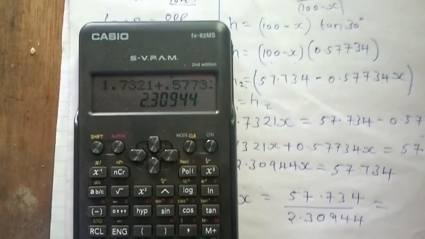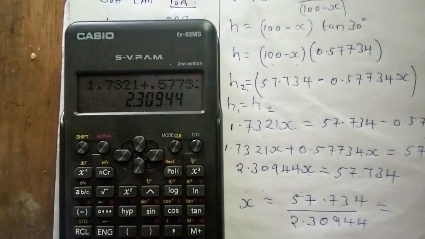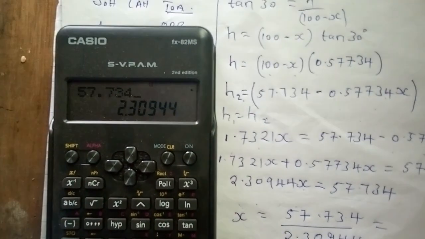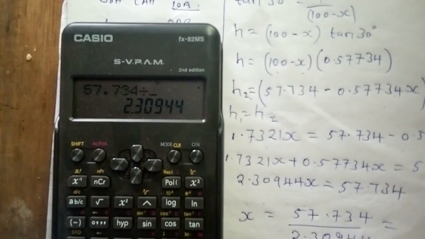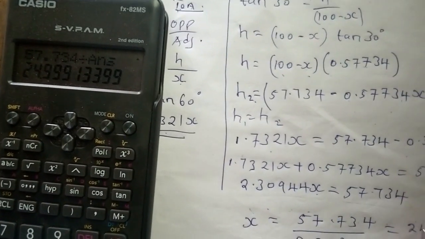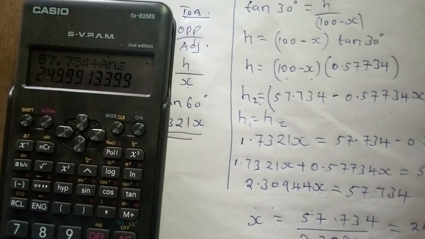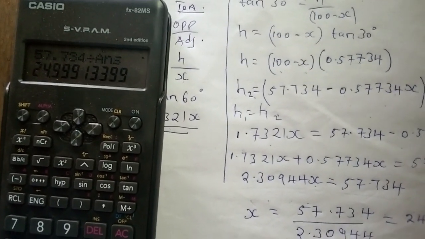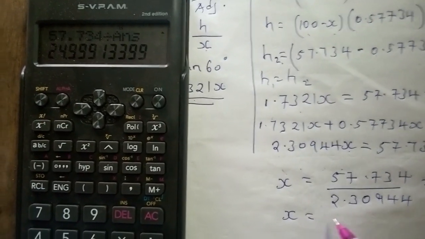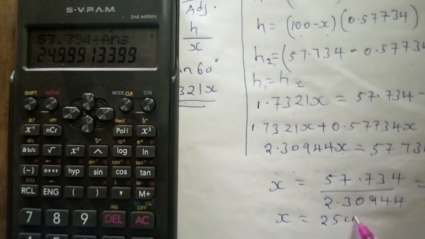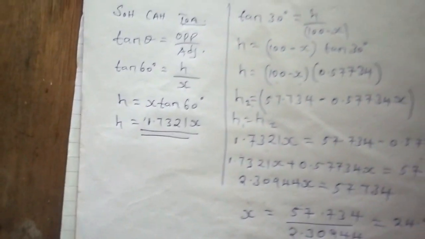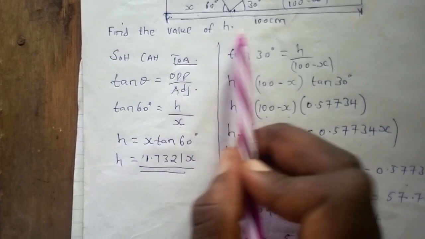So what do we have? 57.734 divided by 2.30944 gives us 24.99913, which roughly gives us 25 centimeters. But remember, the question is to find the value of h.